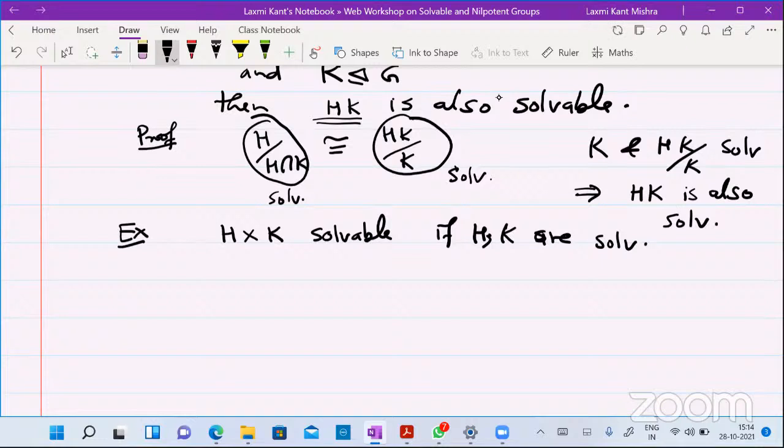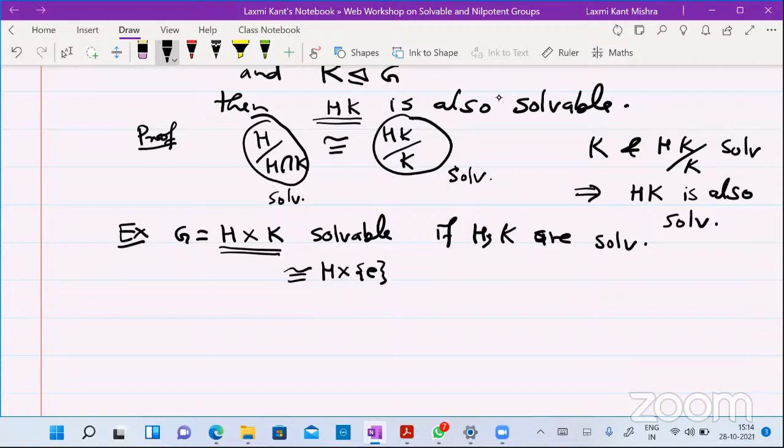Okay, so how will you prove it? Simply, if it is G, then you know very well that this H cross K is such a group in which H is also normal. H is normal in H cross K, not exactly H, but H is normal in the form of H cross singleton identity.